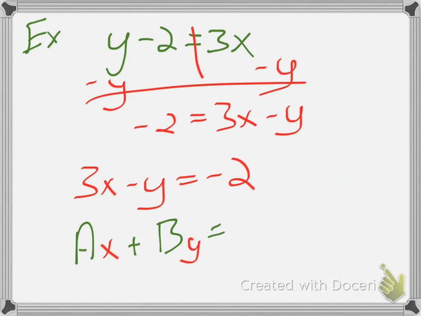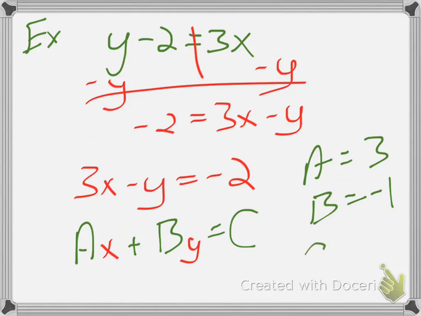Yeah. It does look like that. In fact, in this case, a would be 3, b would be negative 1, and c would be negative 2. So we did figure that out. So this is a linear equation.